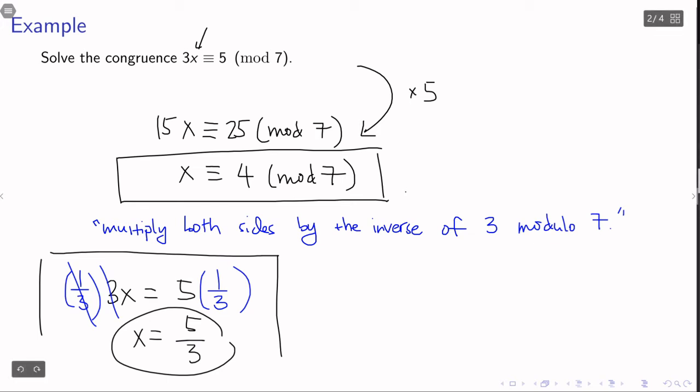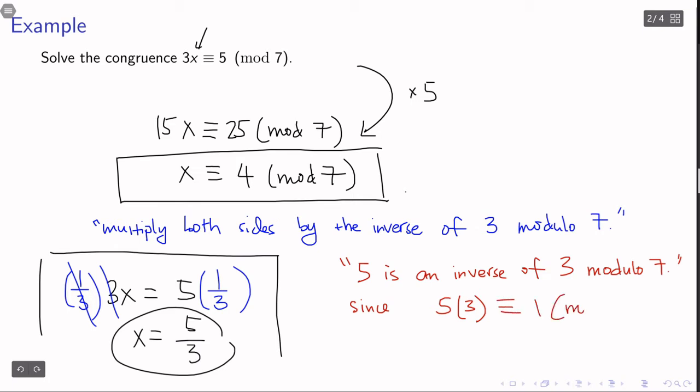We will say in this congruence that 5 is an inverse of 3 modulo 7 for the same reason. Because when you multiply 5 and 3, you get 15, and it's congruent to 1 mod 7. Right?